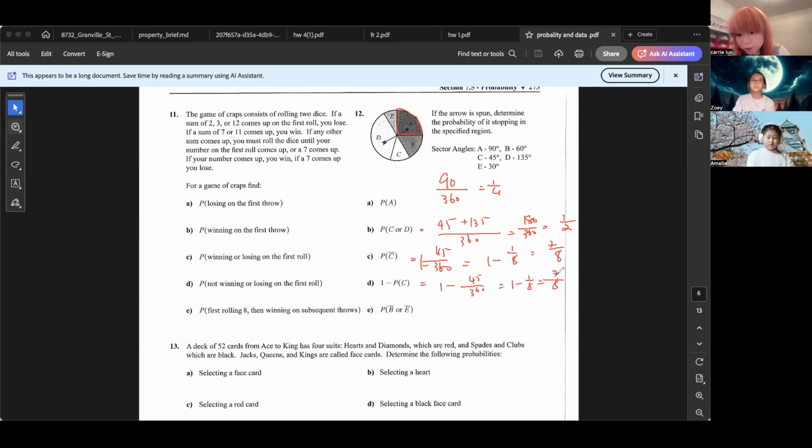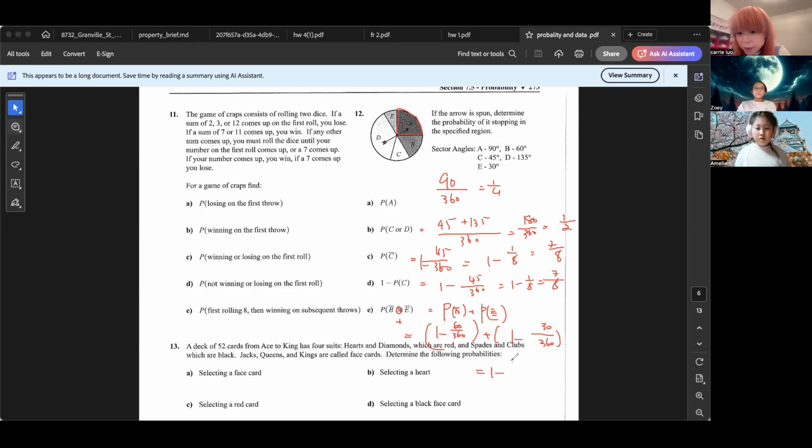So 7 over 8. Okay, so remember, Zoe, if you see all, that means you plus them together. So it's basically PB plus BE. So B equals what? B equals 60 over 360, but it's 1 minus it. And plus, what is PE? It's 30 out of 360, and 1 minus it.